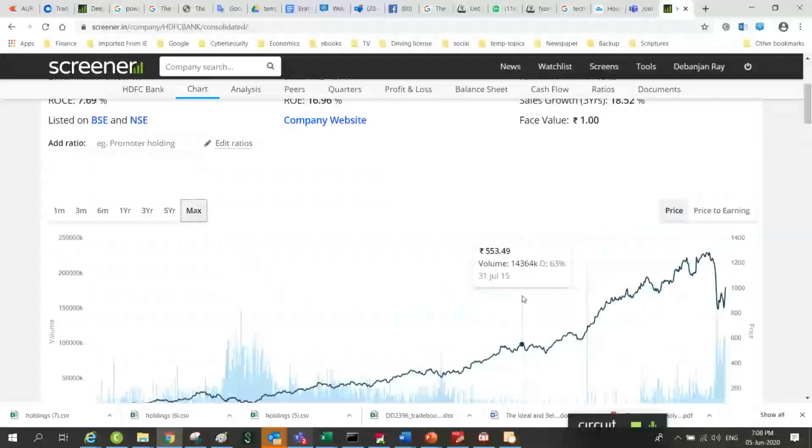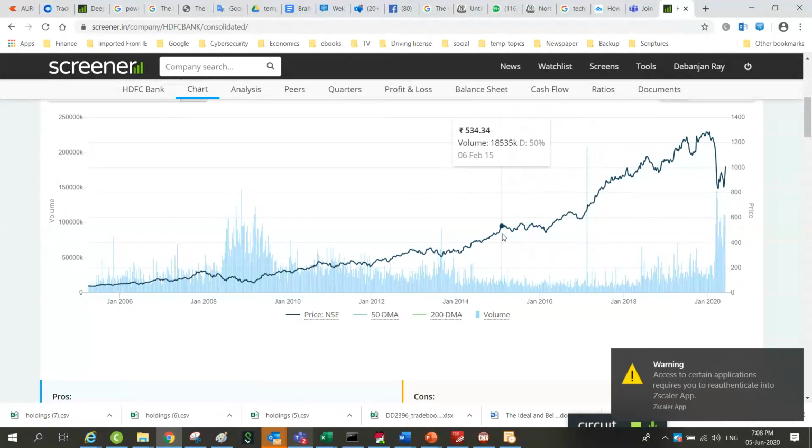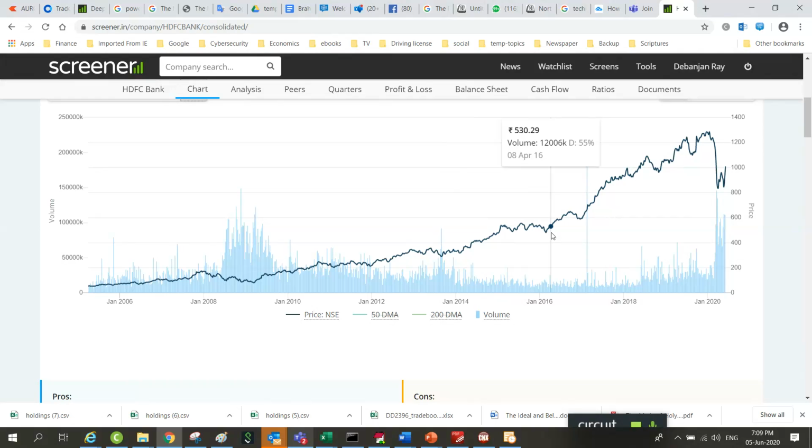But you will not make money if the stock price is moving horizontal. For example, from January 30th the stock was almost moving horizontal till the 8th of April.